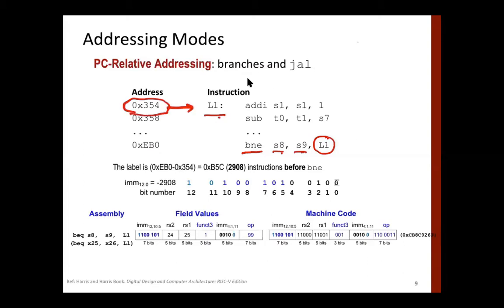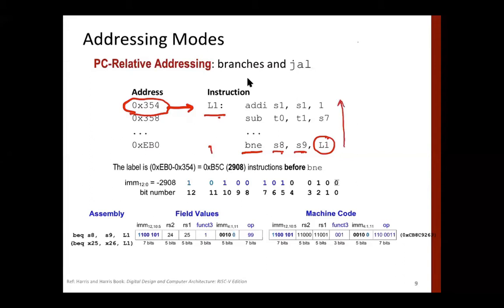So this address corresponds to label L1. Wherever the assembler finds L1, it replaces it by some number which is the displacement from that instruction. Basically, we are calculating the displacement with respect to PC.